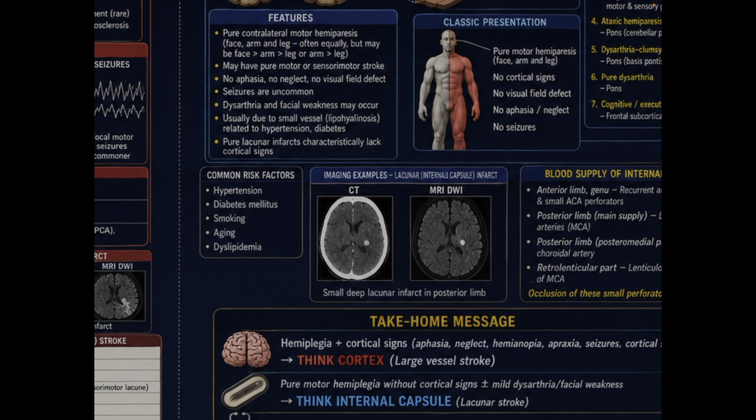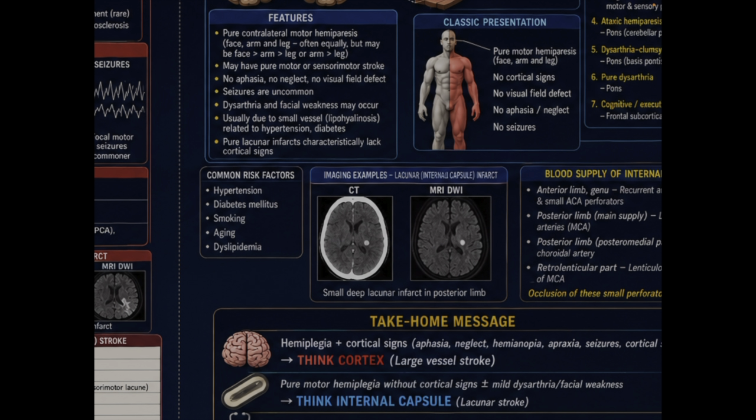Lacunar infarcts are small, less than 15 mm. These are deep lesions involving the internal capsule, basal ganglia, thalamus or pons.